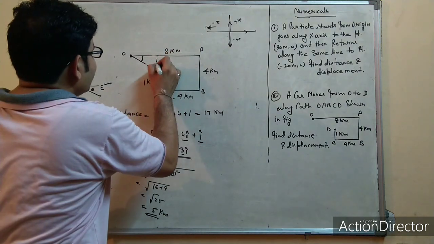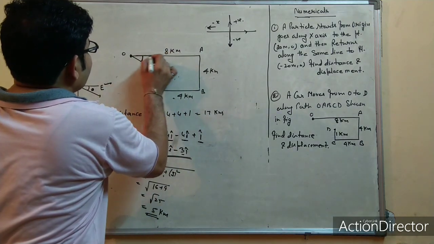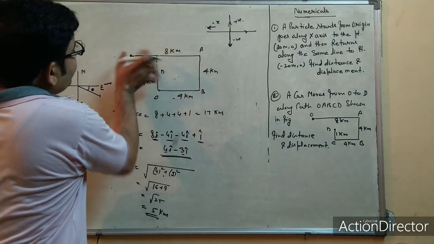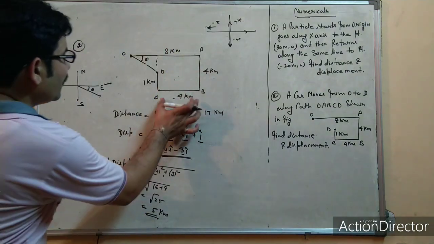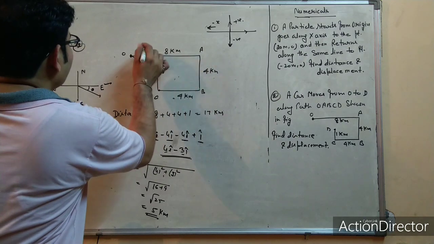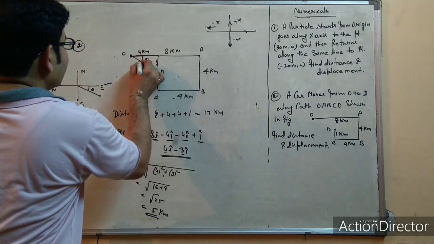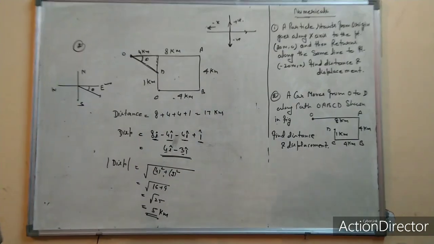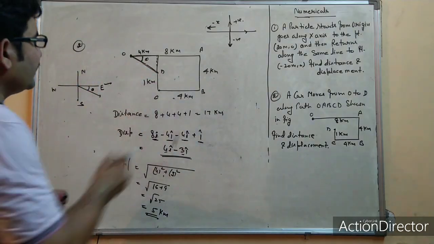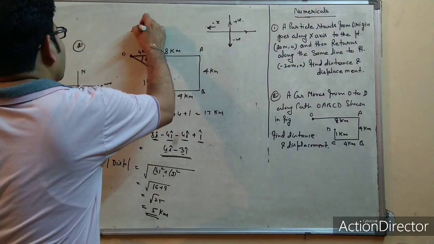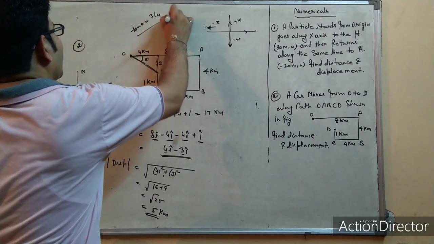Then this is theta, and this value you know, and this is the value you can find here. How much? 8 minus 4, it will be 4 kilometer. Then you have to find tangent theta for finding the direction. And tangent theta is 3 over 4, because 4 minus 1 is 3.